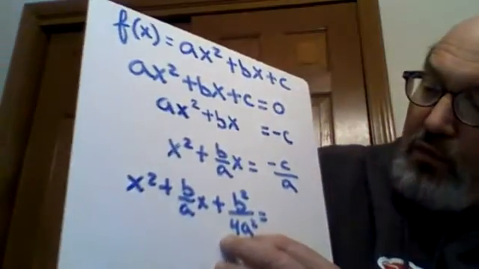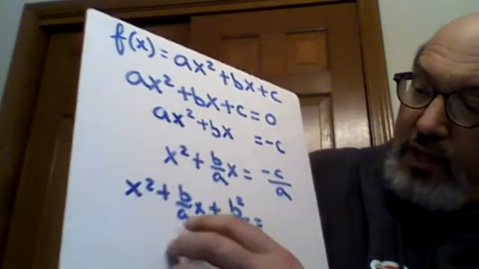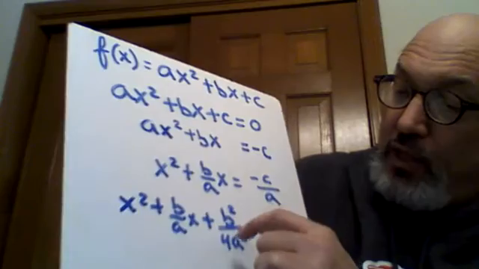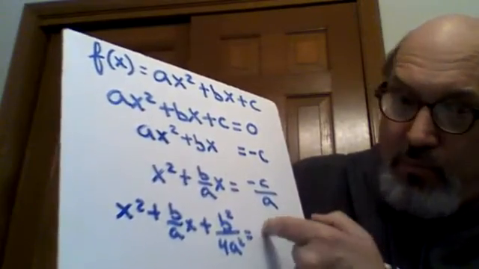So we're going to add that to each side. x squared plus b over a x plus b squared over 4a squared. So I added b squared over 4a squared. That's b over 2a squared. I added it to the left side. I'm going to add it to the right side by putting it first. Why am I putting it first?